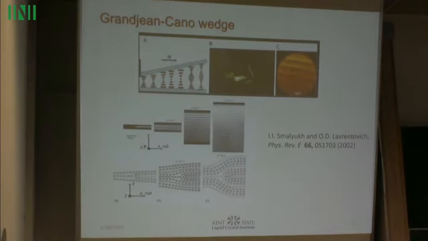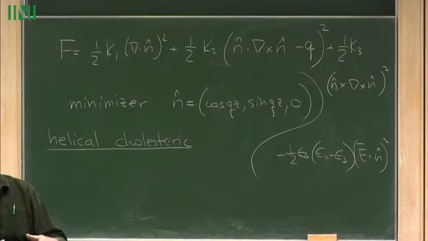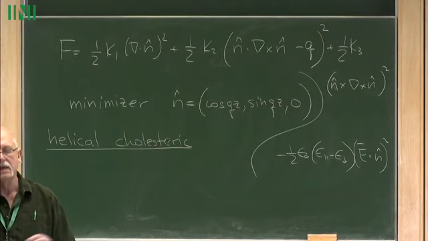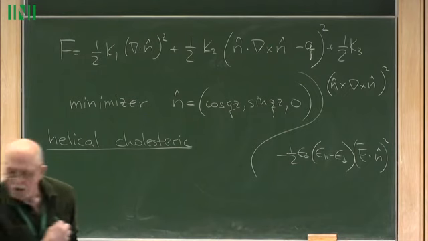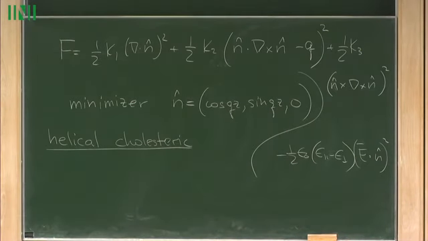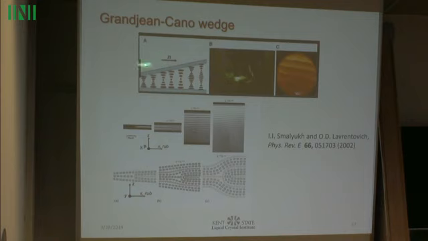Yeah, but before we go to the tuning part, I just want to say a few more words about actually making this structure. So typically, one would add chiral dopant, so it makes a molecule which is really chiral and is soluble in the nematic that you start with, and then you develop a cholesteric structure, and you want to be able to measure the pitch, and one way of doing it is to make a wedge, a Grandjean-Cano wedge.